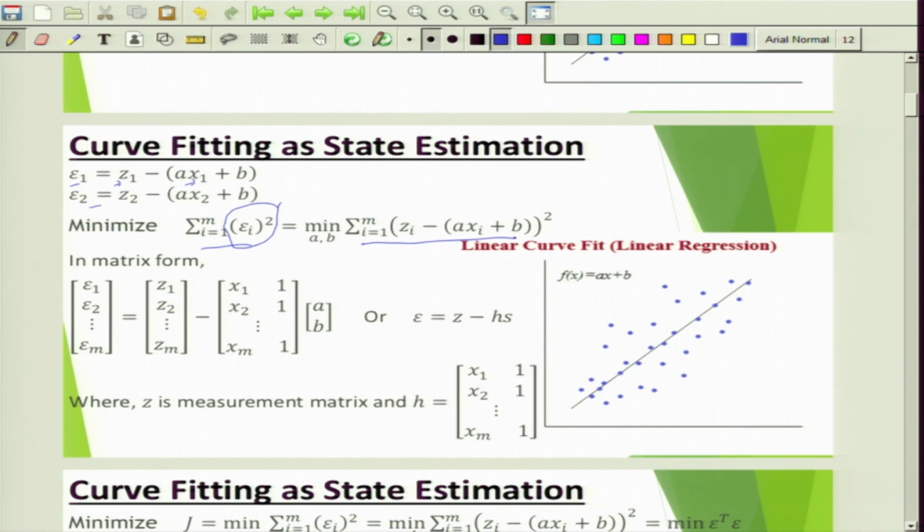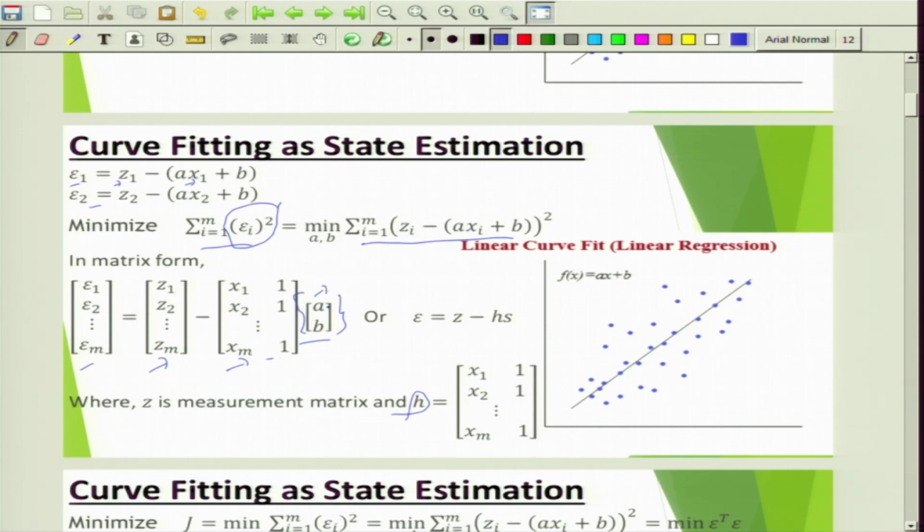So in matrix form, if you want to represent it, the error matrix is nothing but the measured matrix minus the H matrix, we call it the H matrix. The function matrix is basically x11, x21, up to xm1, multiplied by the state variable matrix.